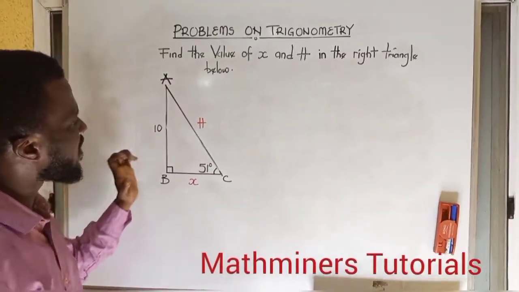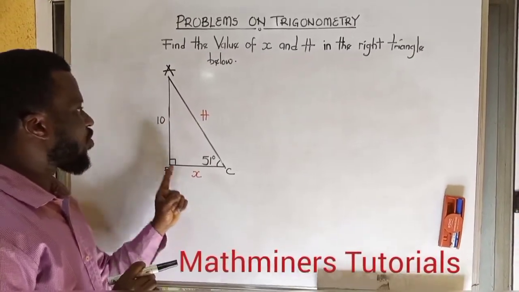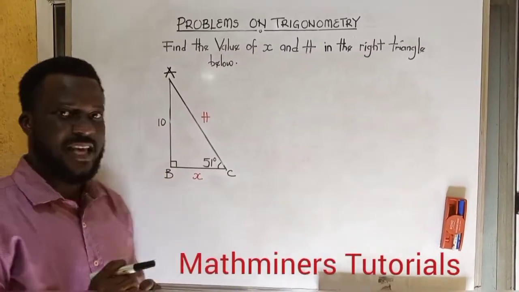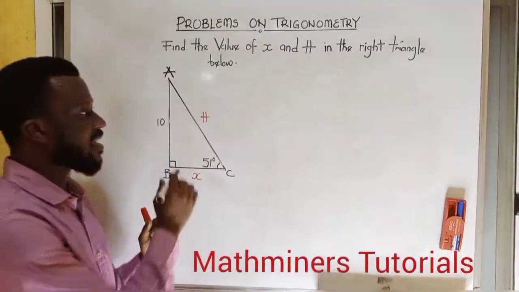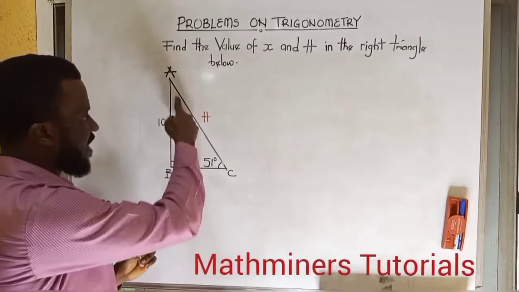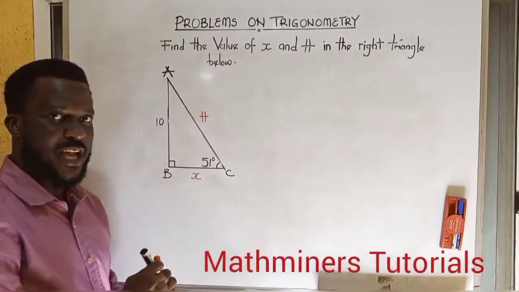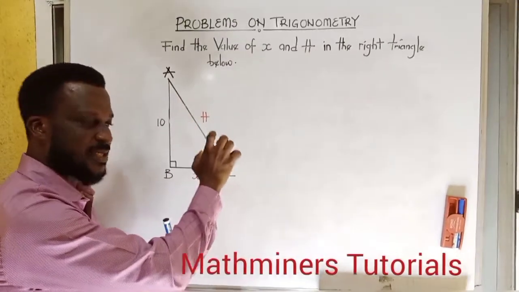To be able to solve this kind of problem, the angle that is given determines which side is the opposite, which side is the adjacent, and the hypotenuse. Of course, the hypotenuse is the longest side of the triangle, the slanted side, and it is constant.